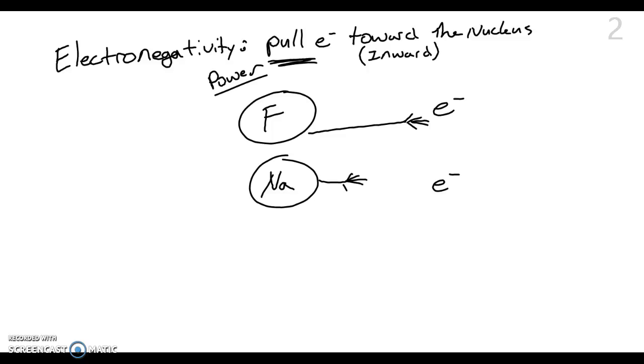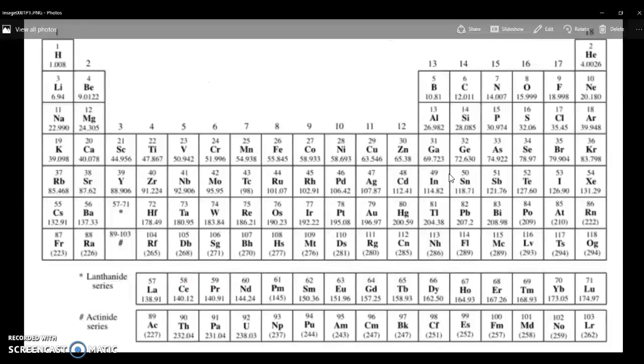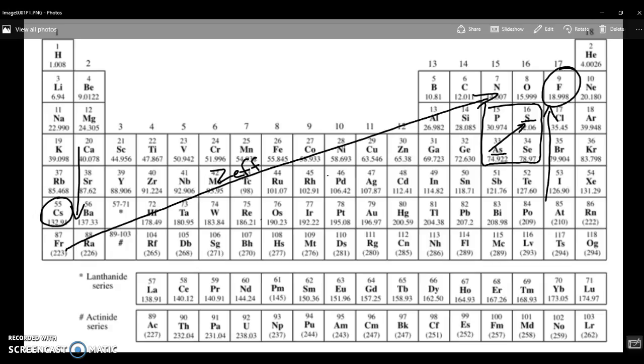Now, if I go back over here, we also have this look for electronegativity. This is telling us that an element like in this scenario here, this one would be the most electronegative.